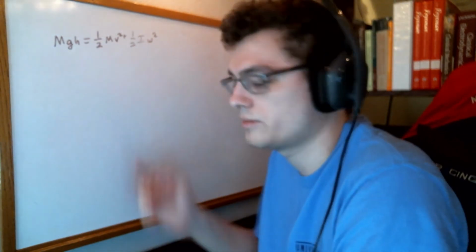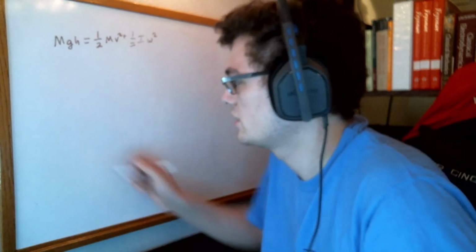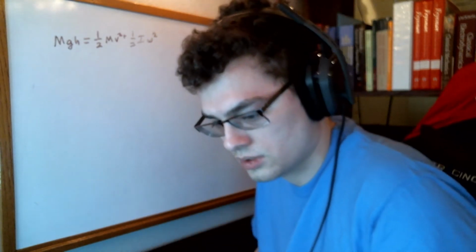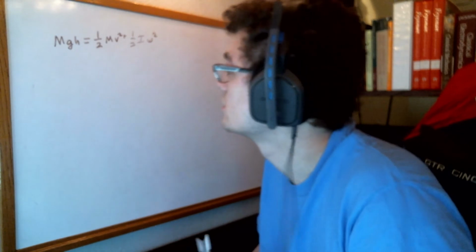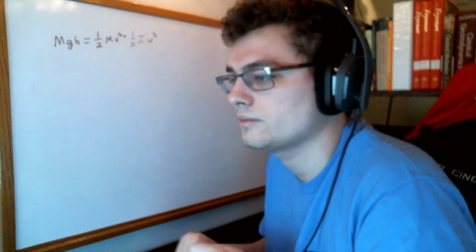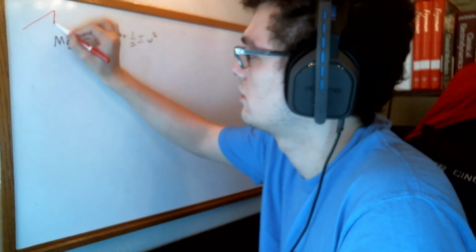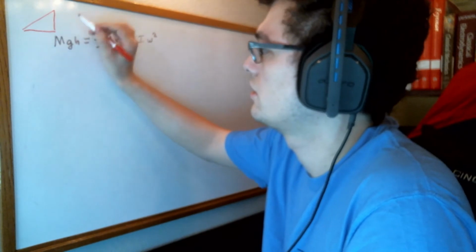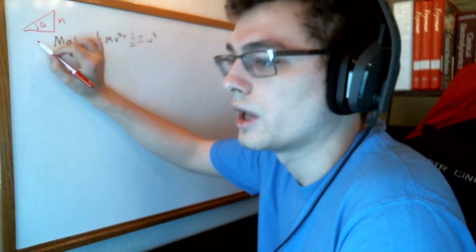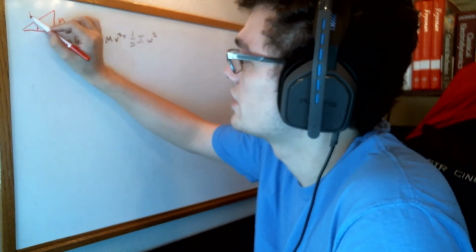Okay, so we have mgh, and we can easily say a couple things. If we analyze the hilltop here, this is going to be h, this is going to be theta, and this is going to be the distance d that it rolls down the hill.